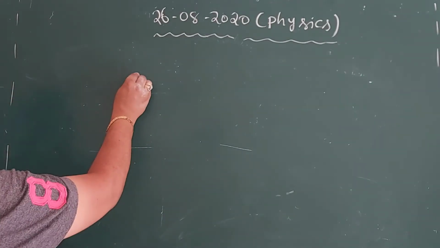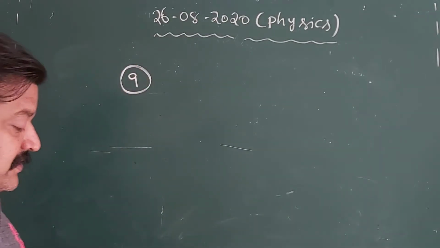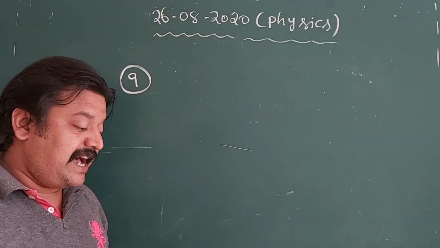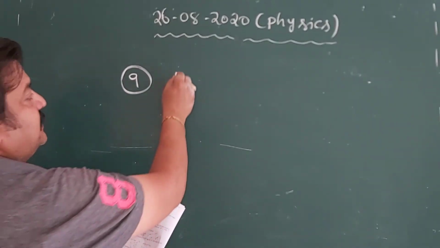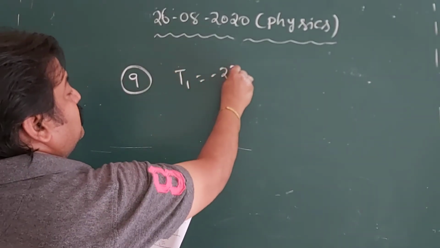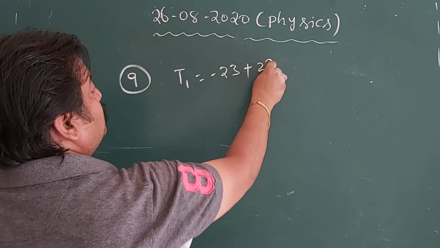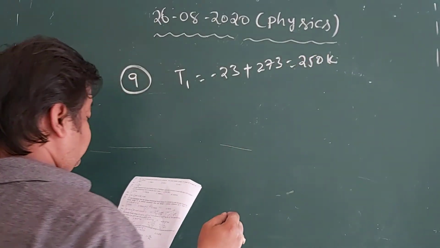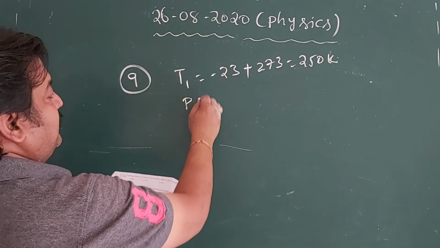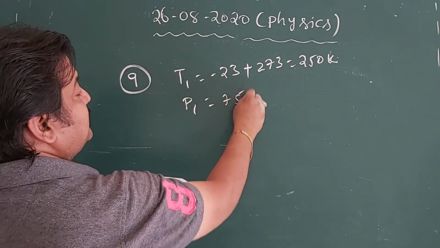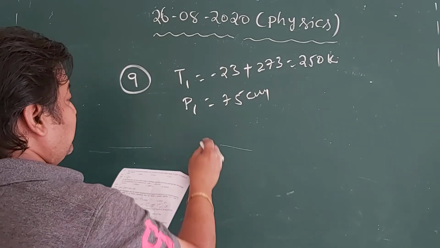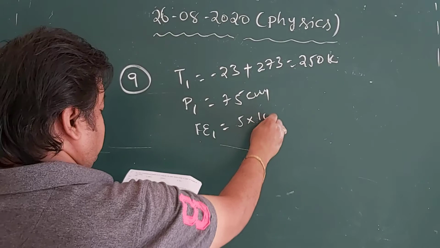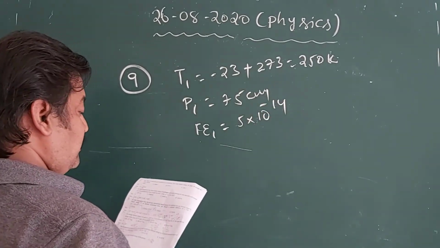Ninth problem. See, the question is very direct. The average kinetic energy of a gas at minus 23 degrees Celsius: T1 is equal to minus 23 plus 273, that is equal to 250 Kelvin. The pressure P1 is equal to 75 centimeter, and the average kinetic energy is equal to 5 into 10 power minus 14 for H2.